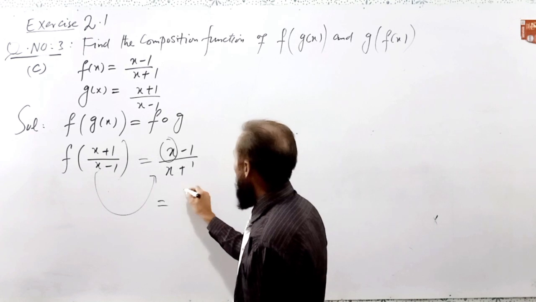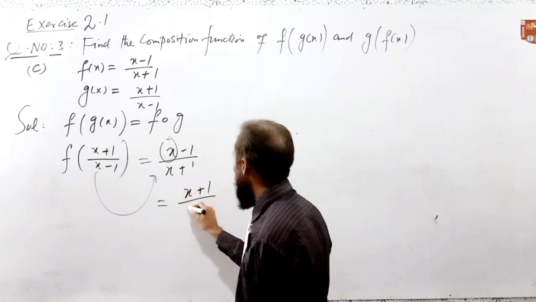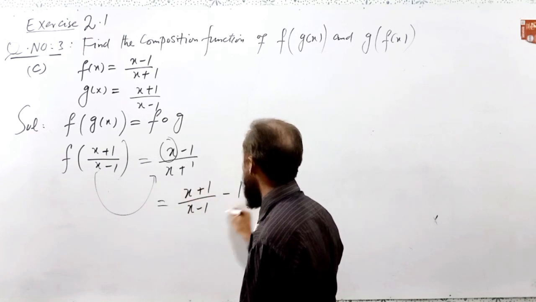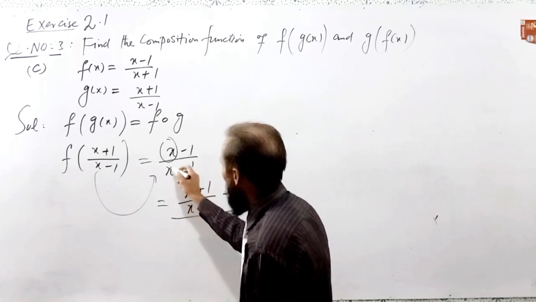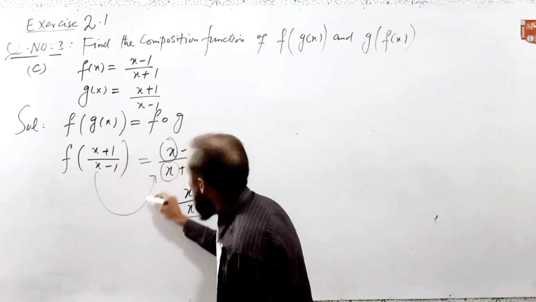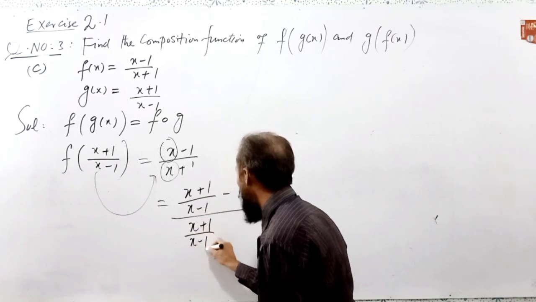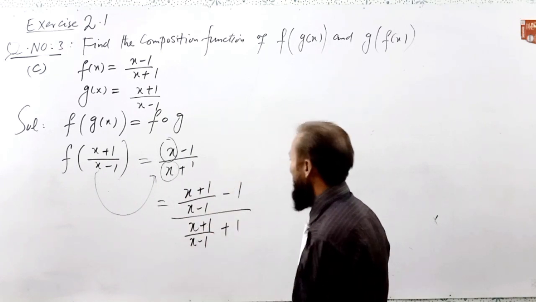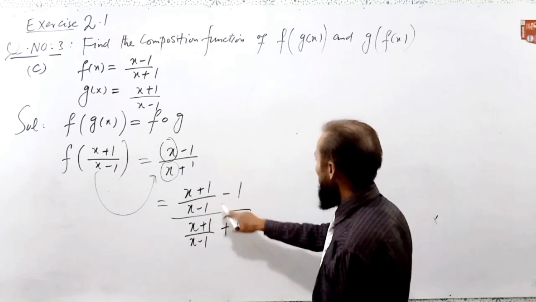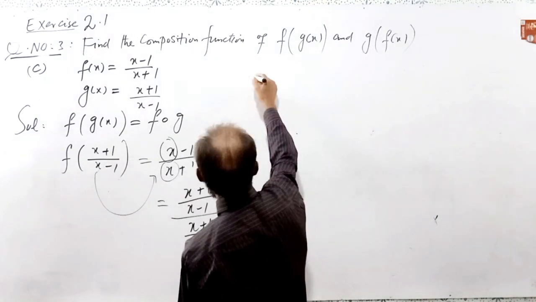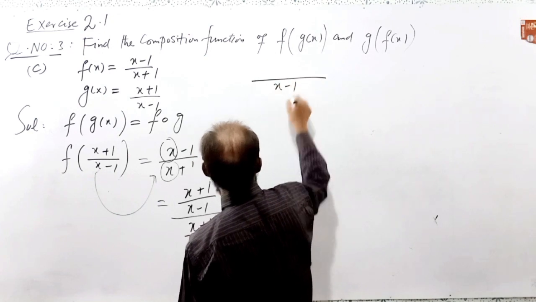So now x plus 1 divided by x minus 1 minus 1, divided by, here similarly we put the same result, x plus 1 divided by x minus 1 plus 1. Now we take the LCM. LCM is x minus 1.